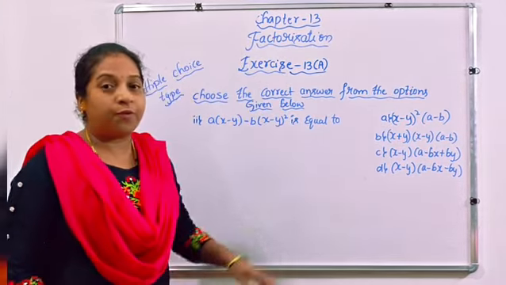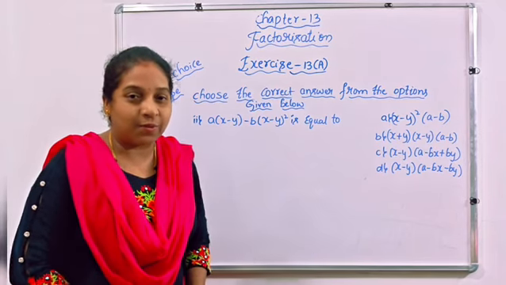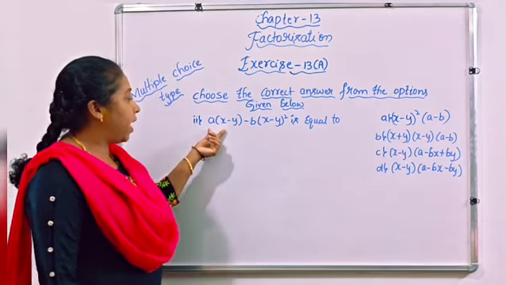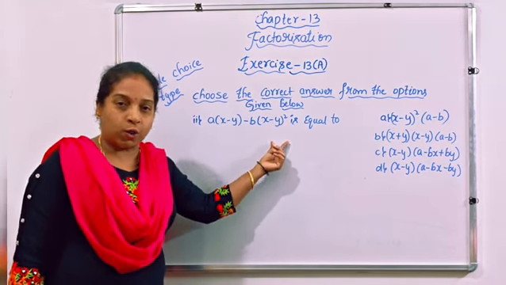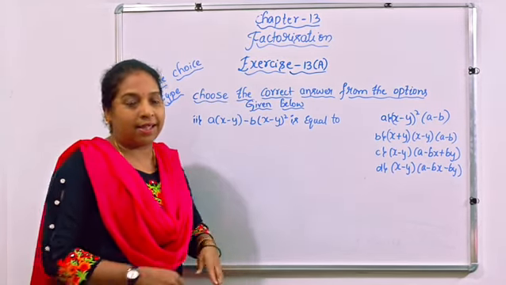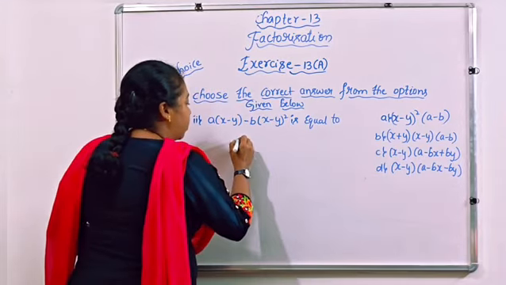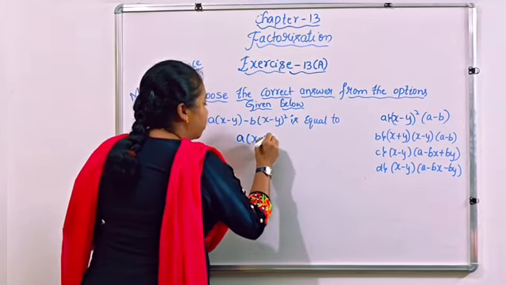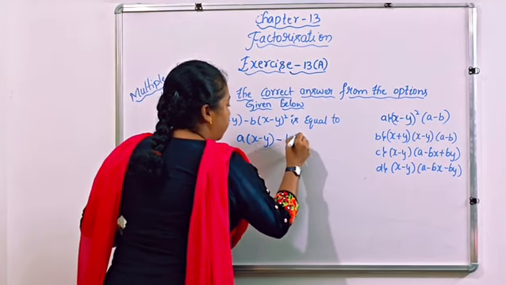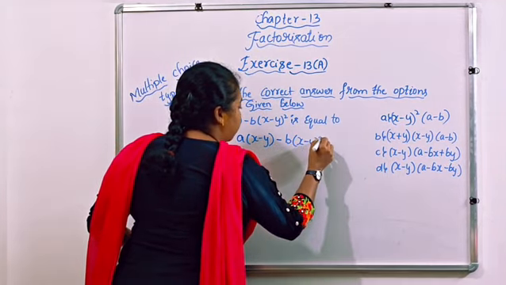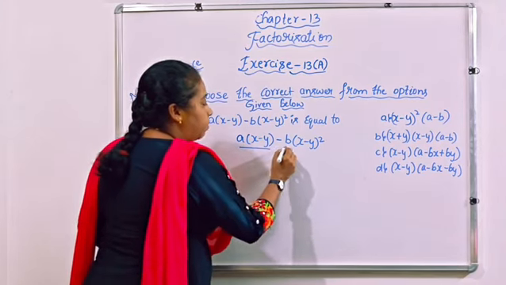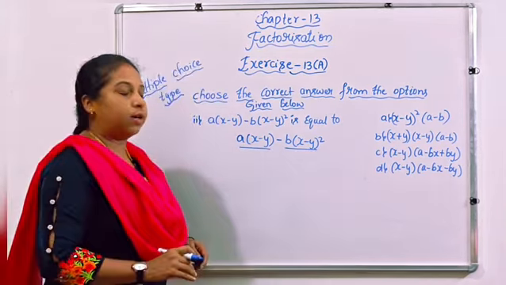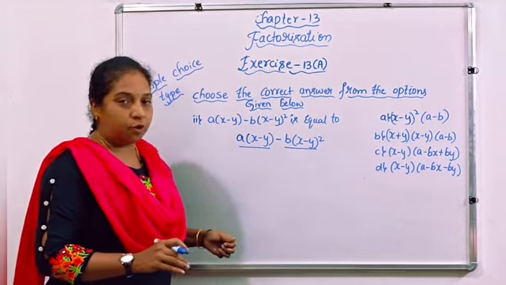Let's check which one is the correct answer. We'll write it again: a into x minus y minus b into x minus y whole square. This is one term and that is another term.